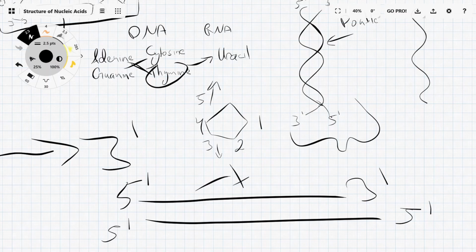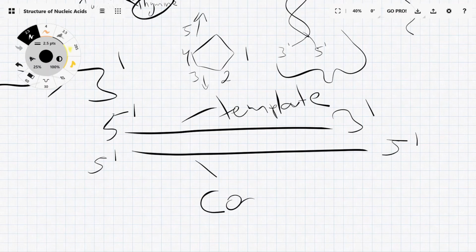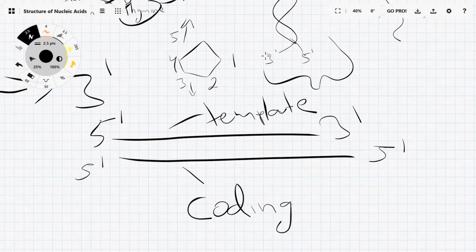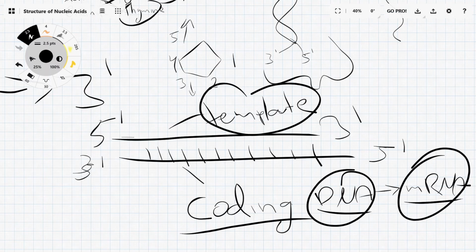There is a template strand and a coding strand. And so overall, the coding strand is what contains the sequence of nucleotides that actually codes for the amino acid, but when converting from DNA to mRNA, the template strand is the one that is transcribed because we want the same nucleotide sequences.